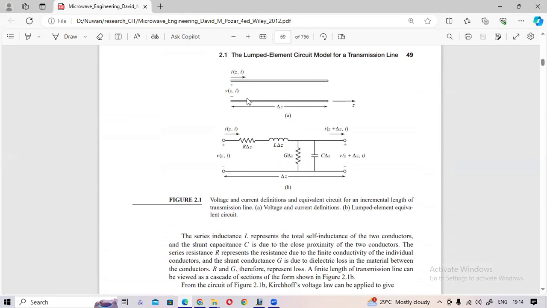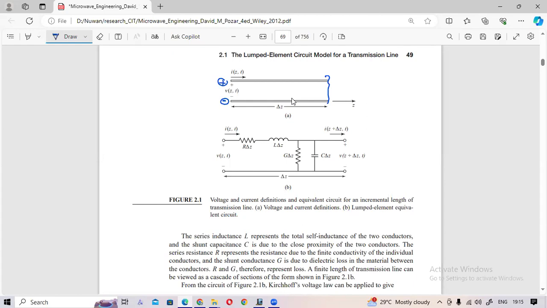If you consider a transmission line, for example, this is a transmission line, and here we have connected plus and minus. This is the line, and this is the ground. All copper transmission lines have this structure.